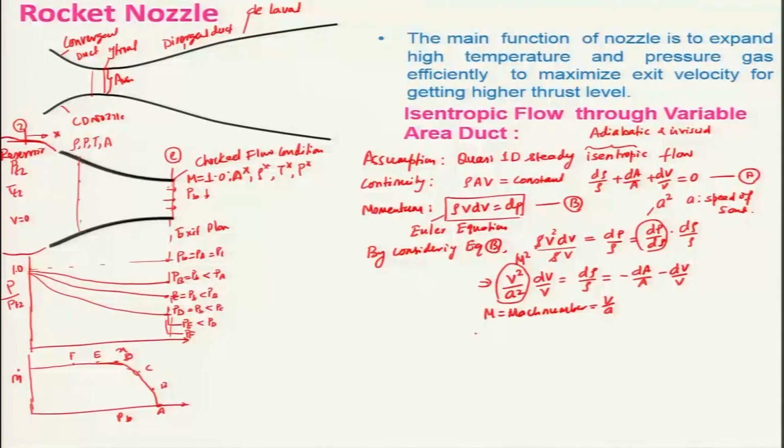Taking the dV terms together, that will be basically M square minus 1 into dV by V is equal to dA by A. So, this is equation, let us say C, and this is known as the area velocity relation.